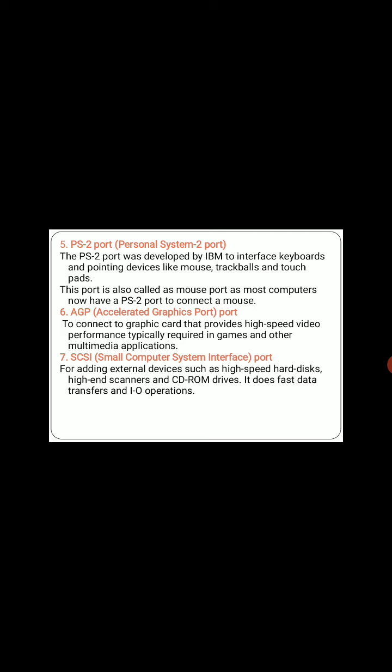In that case, we have to use the SCSI interface port. So using this SCSI port, we can connect the high-speed hard disk, high-end cameras, and also CD-ROM. Because of it, it does fast data transfer between I/O ports, input-output operations. Using this SCSI port, the data transmission between I/O ports becomes faster.